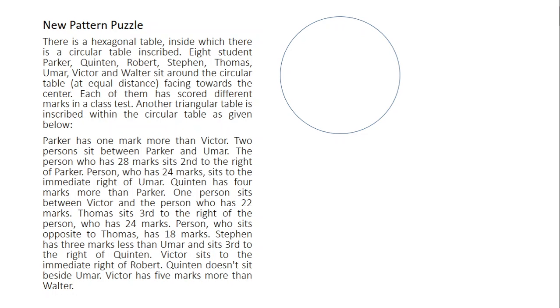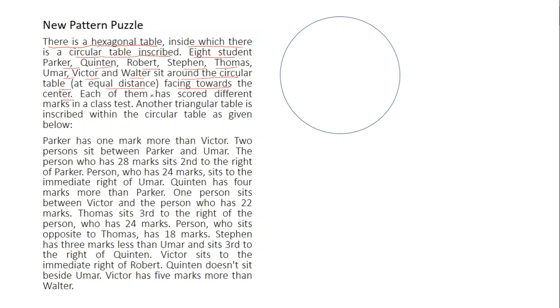So let's get started. There is a hexagon table inside which there is a circular table inscribed. 8 students Parker, Quentin, Robert, Stephen, Thomas, Omar, Victor, and Walter sit around a circular table at equidistance facing towards the center.